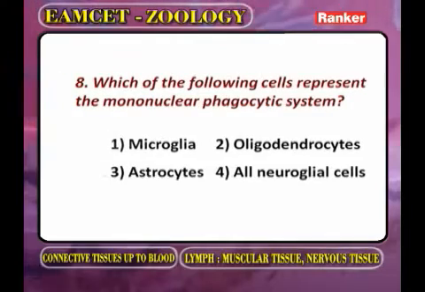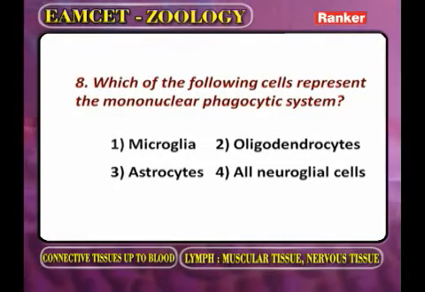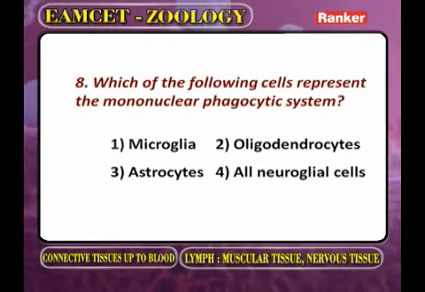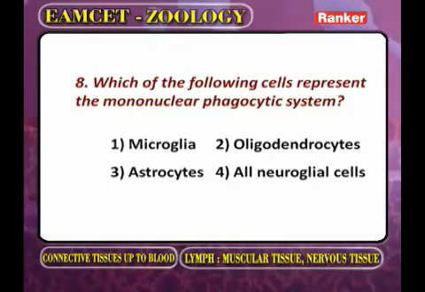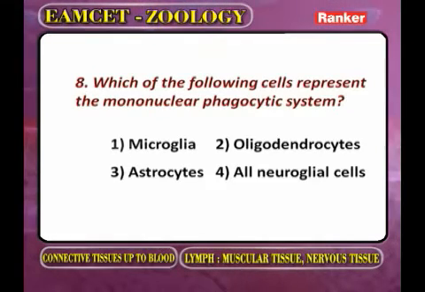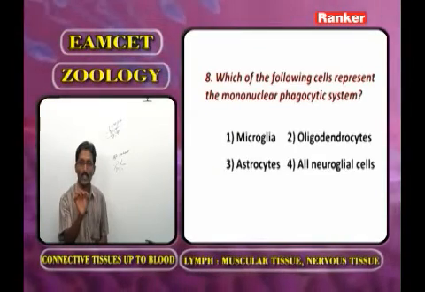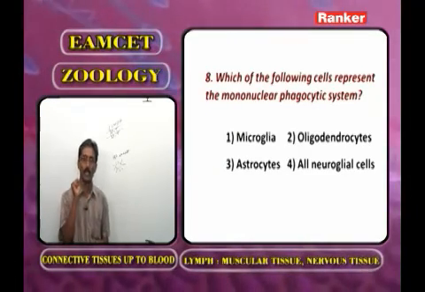Next question. Which of the following cells represent mononuclear phagocytic cells? Now we have to discuss this sentence, and automatically we get the answer. Mononuclear: only one nucleus is present. Phagocytic: they perform phagocytosis and provide protection.